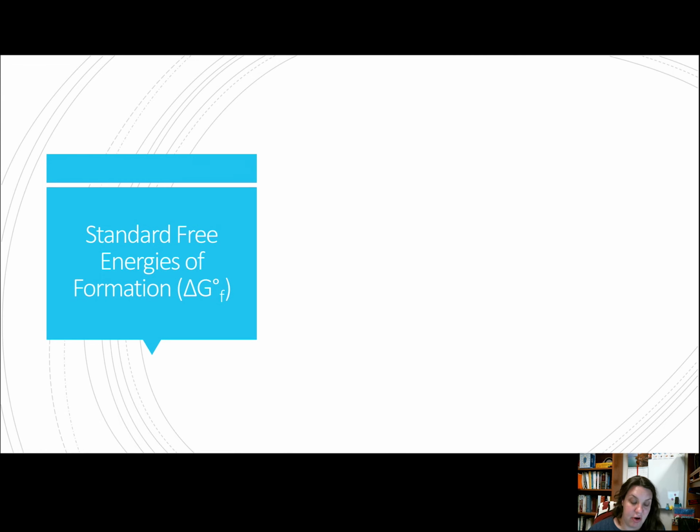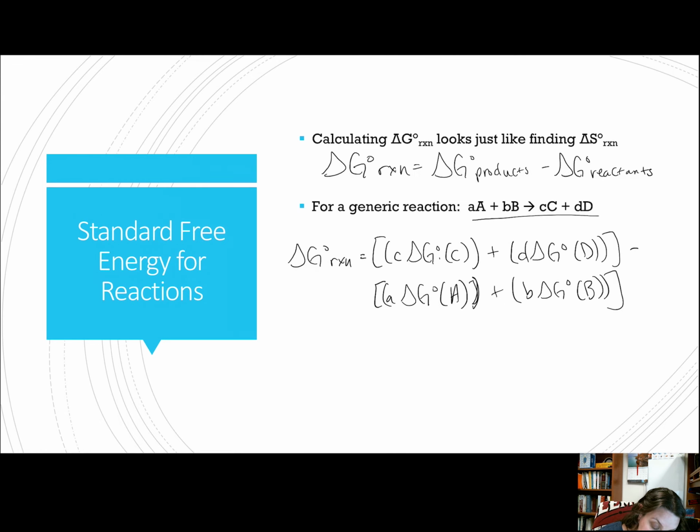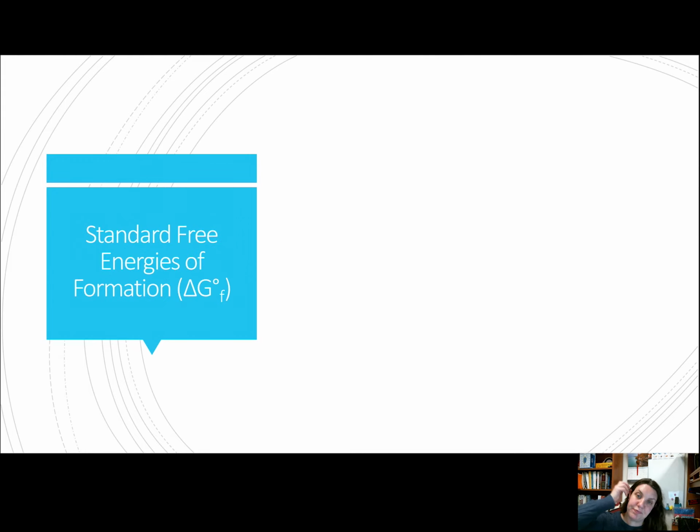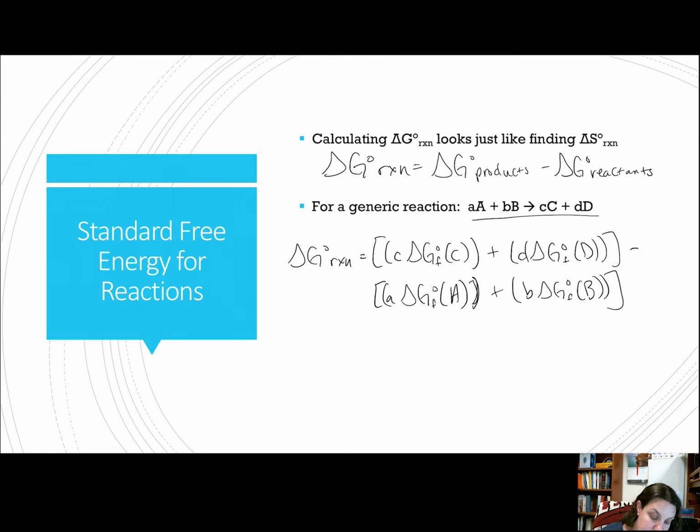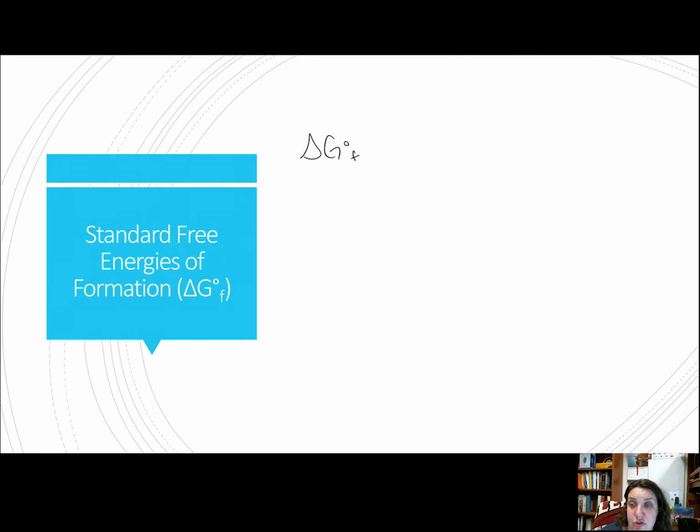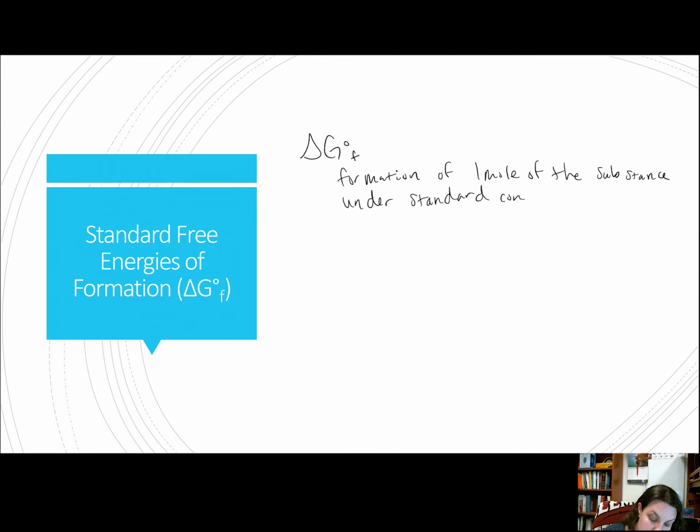We're going to base all of these on delta G of formation values, just like the delta H of formation values are in there as well. So delta G naught of formation is the free energy change for the formation of 1 mole of that substance under standard conditions. We call this free energy.